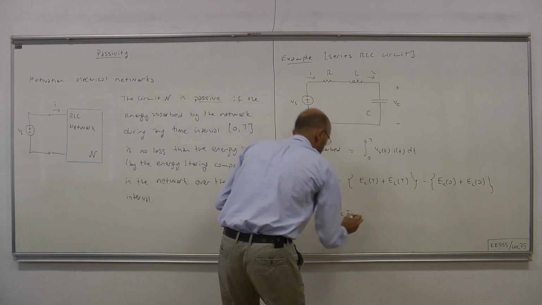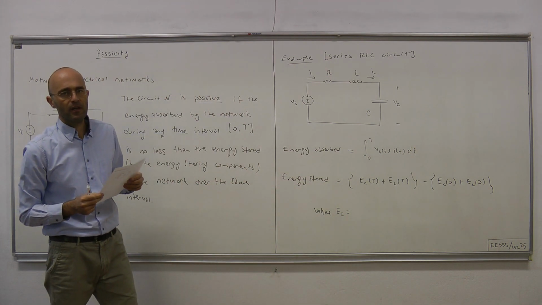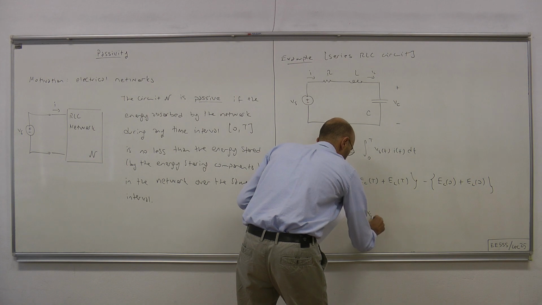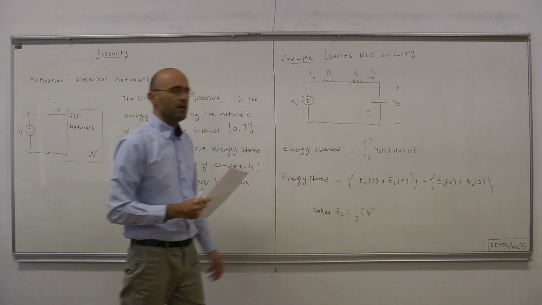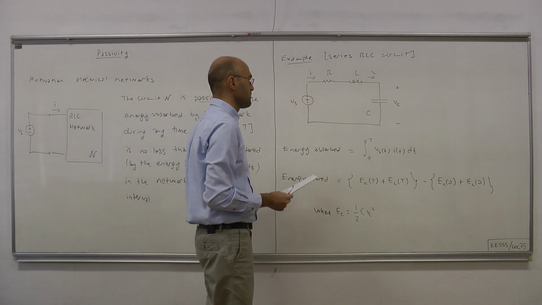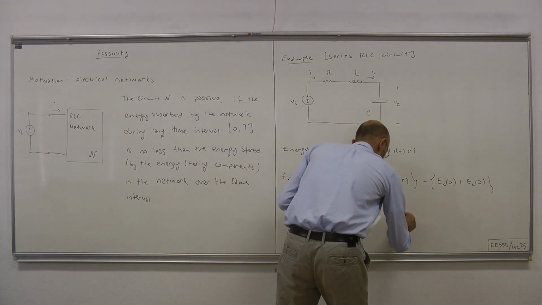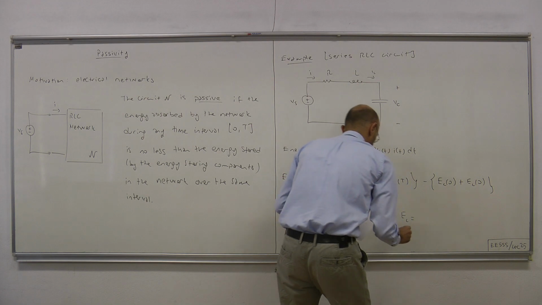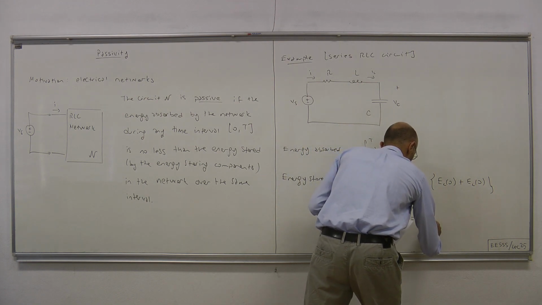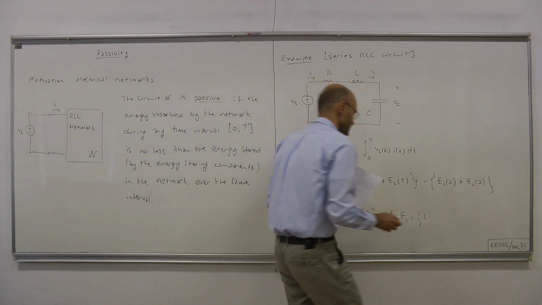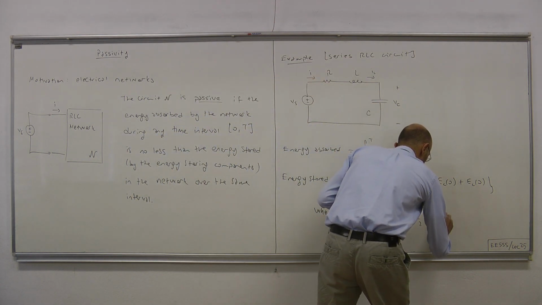The energy stored in the capacitor, as you all know, is 1/2 C times the capacitor voltage squared, and for the inductor we have the dual expression: 1/2, replace capacitance by inductance and voltage by current, L I squared.